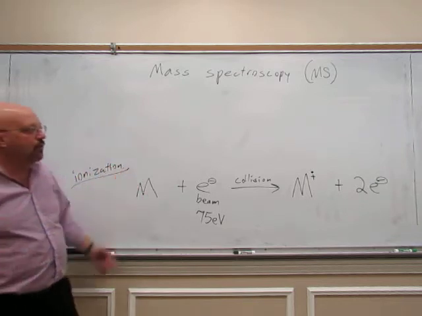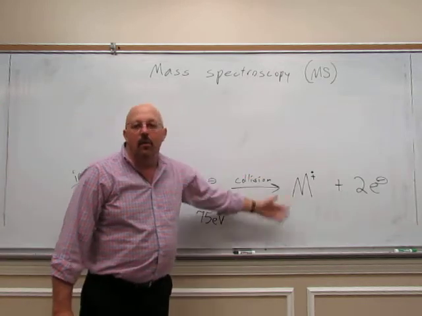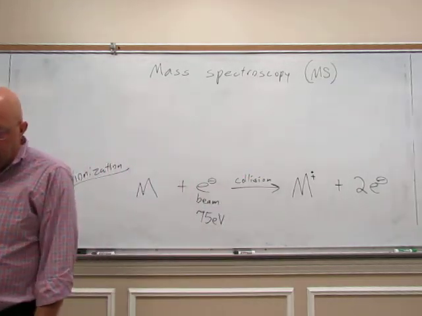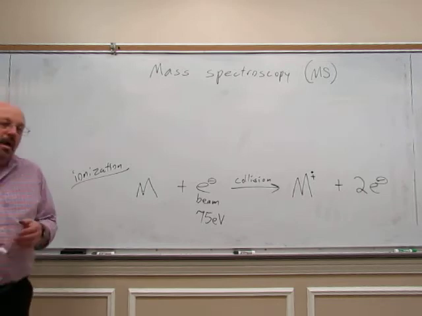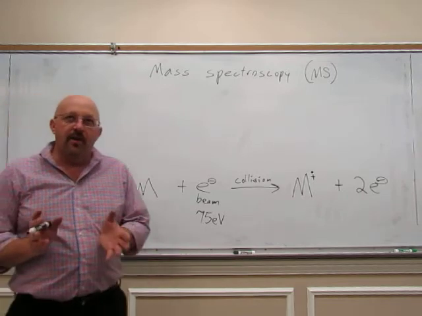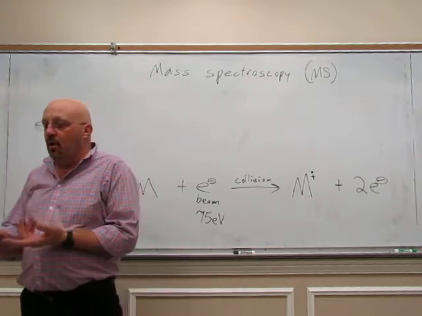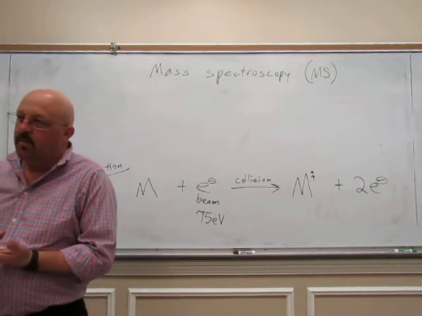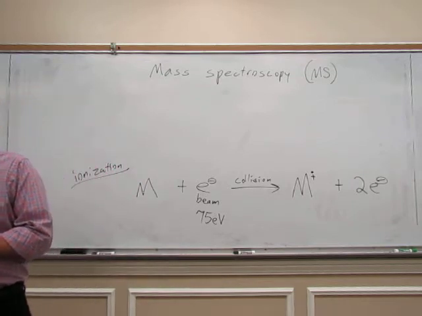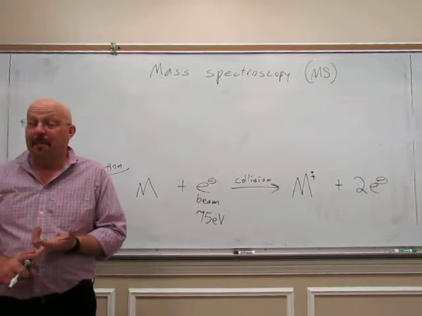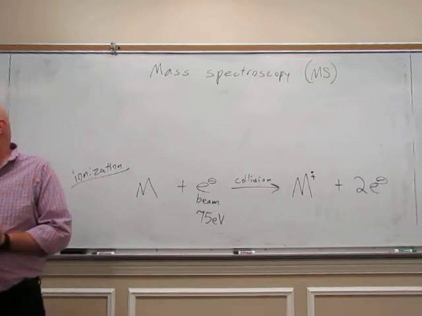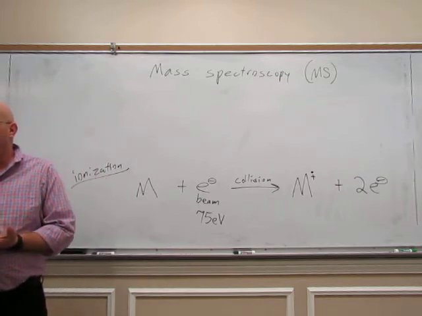We go from a neutral to an ion, and we're making a radical cation. From the knowledge you have from lecture, you know radicals are very unstable. Cations are unstable. And as you can imagine, a radical cation is really unstable.